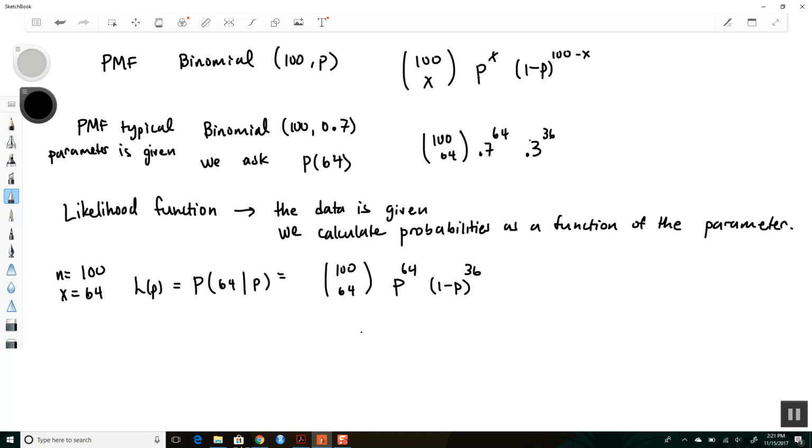We can vary p anywhere from 0 to 1, so the likelihood function is continuous on the interval 0 to 1. We're basically asking, what is the likelihood of our data if I vary the values of p?